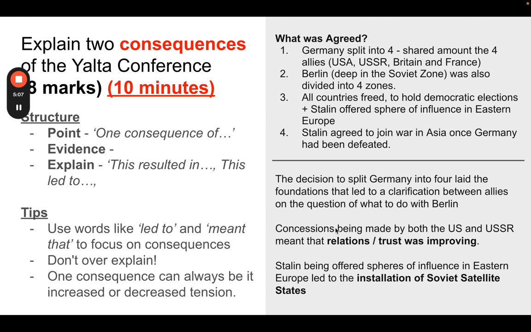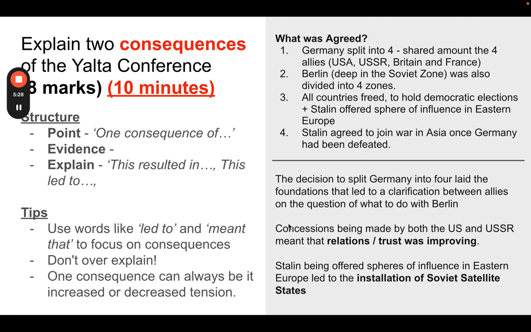The concessions being made by both the USA and USSR meant that relations or trust was improving. So once again, we can see that one consequence can always be increased or decreased tension. And finally, Stalin being offered spheres of influence led to the installation of Soviet satellite states.